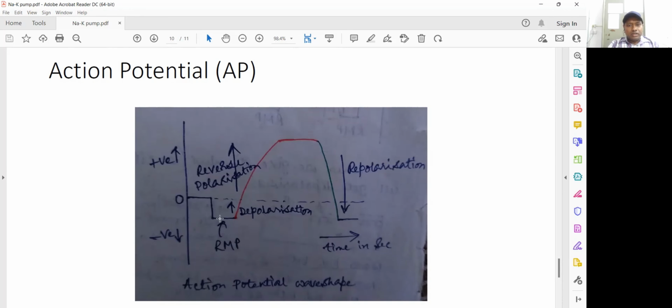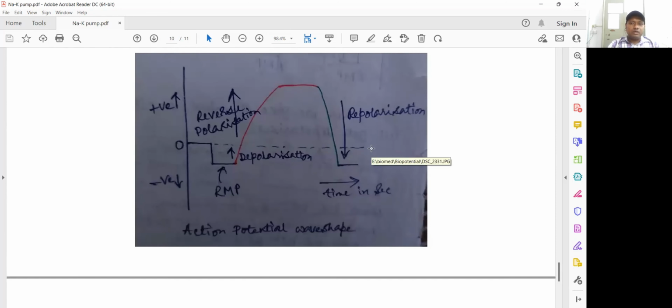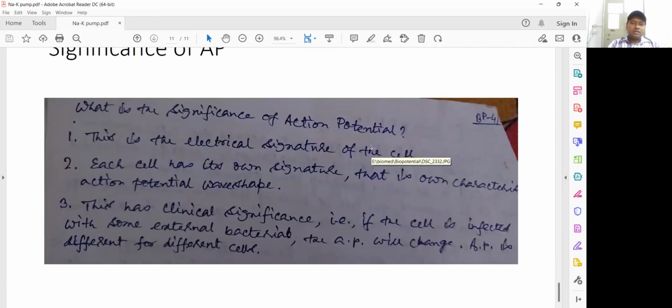It may start from minus 70, or minus 110. So the same thing will not be achieved while the cell is infected with external bacteria or viruses. So this action potential wave shape has clinical significance. If the cell is diseased or infected, the action potential will change. Action potential is different for different cells.